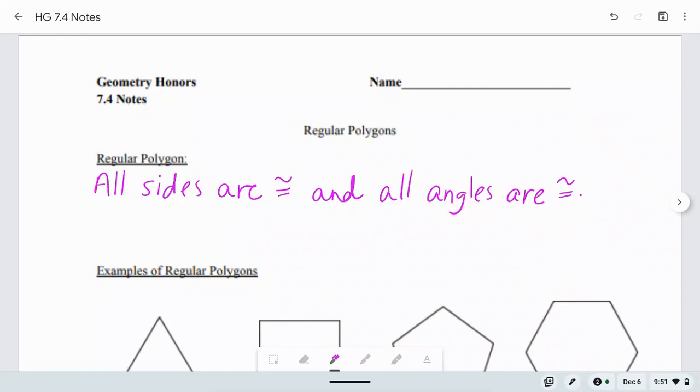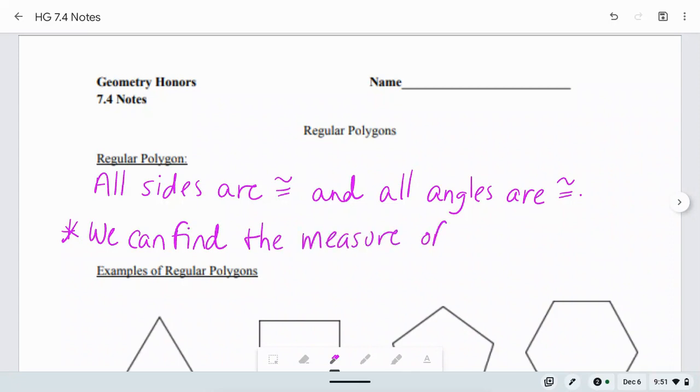So if we know that all sides are congruent and all angles are congruent, then we can find the measure of each angle. So instead of finding sums, now we can take it even further and find the measure of each angle.